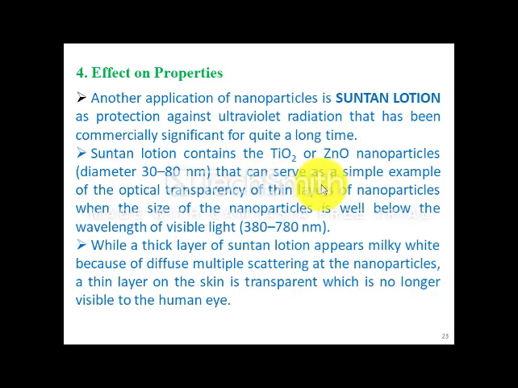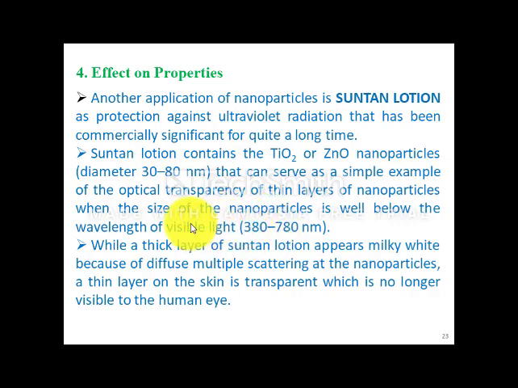they can serve as a simple example of the optical transparency of thin layers of nanoparticles. The size of the nanoparticle is well below the wavelength of visible light, which is 380 to 780 nanometer, since the size of the nanoparticle is 30 to 80 nanometer.